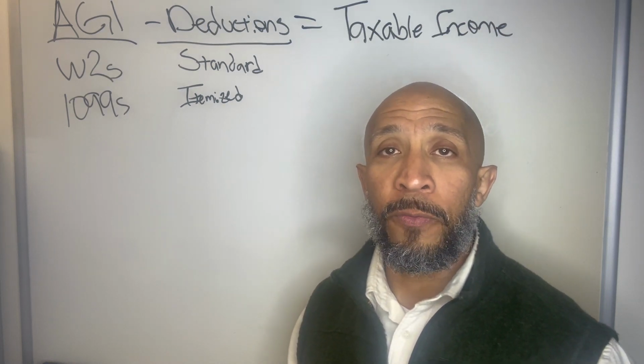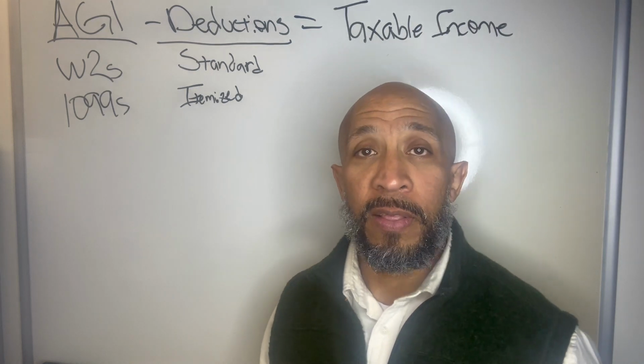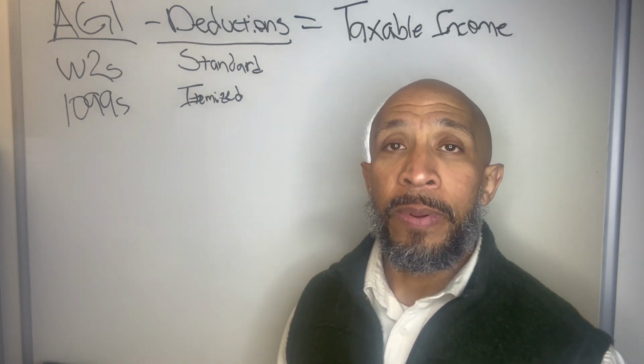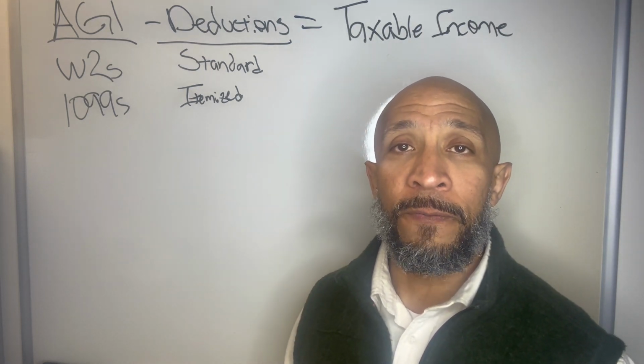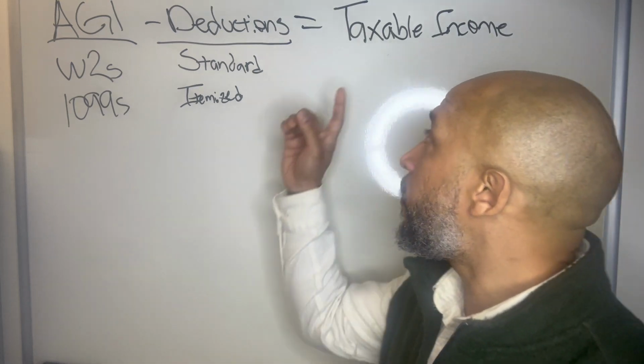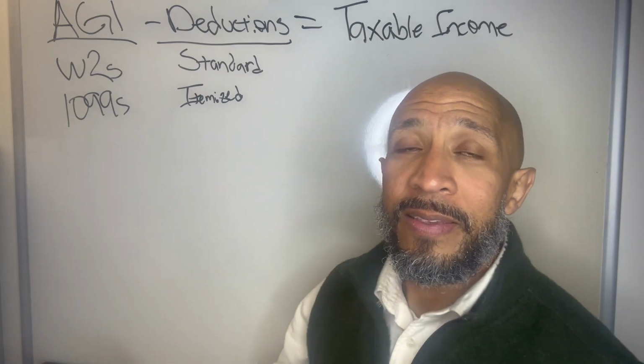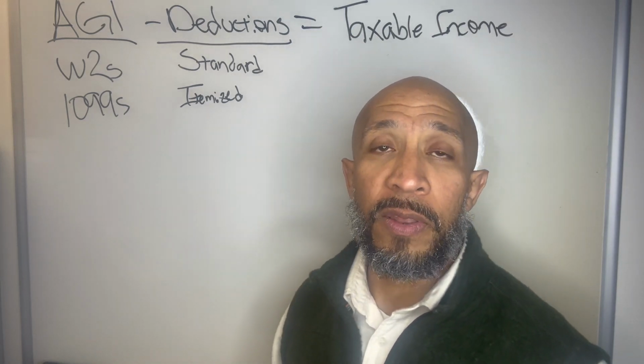I remember I had one friend that was trying to buy a home, and she made over $100,000 a year in her job, but according to her taxable income, she only made 40 grand a year and couldn't qualify for the home that she wanted. So you want to be sure you get the taxable income in a way that you can still move forward in life the way you want to go, right?